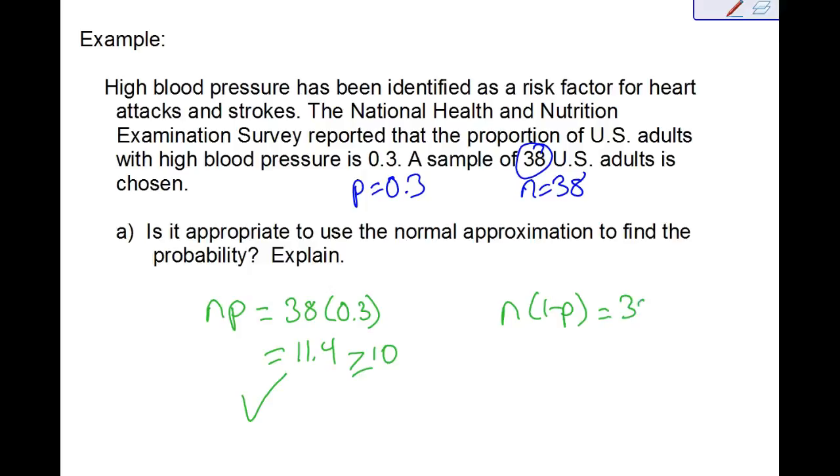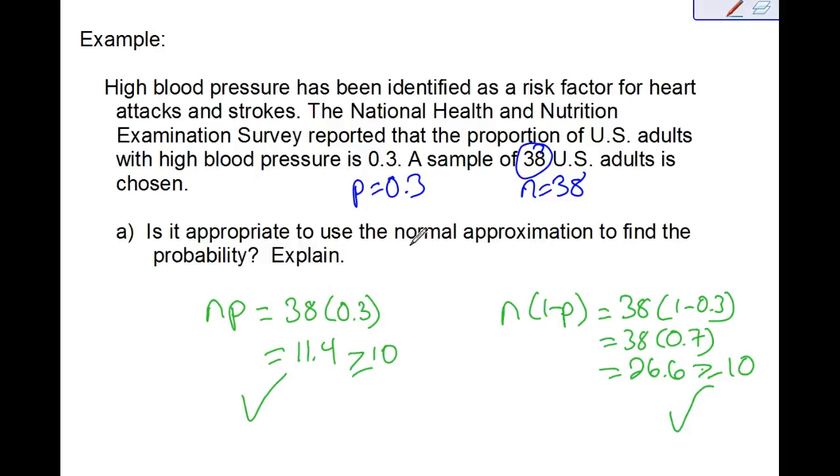Now over here, this is going to be 38 times 1 minus p, which is 1 minus 0.3, so that's 0.7. 38 times 0.7 is going to be 26.6. Well, that's still greater than or equal to 10, so we're okay.